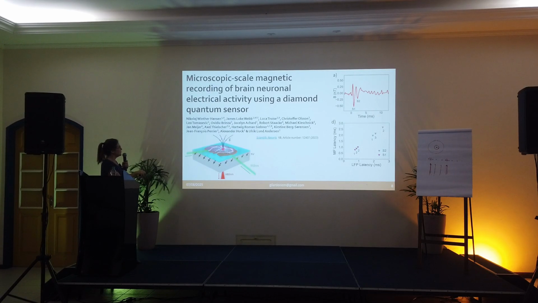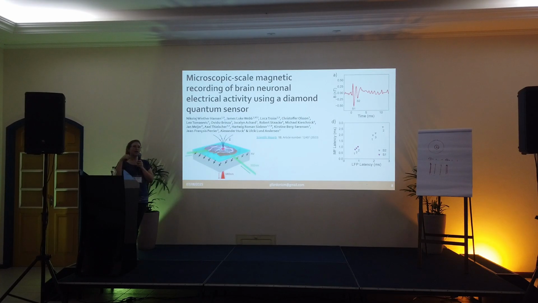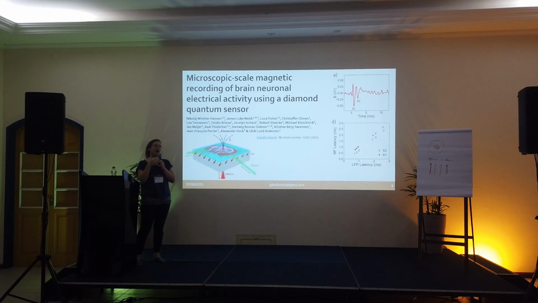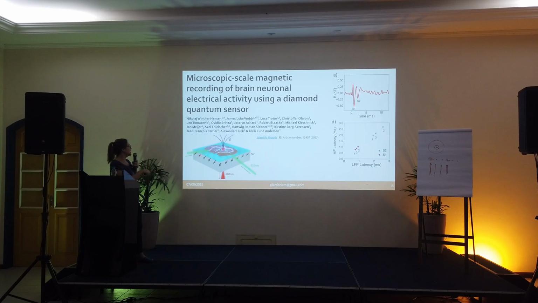And they grow neuronal cells on top of this diamond, right? And they can give electrical stimuli to these neuronal cells, and they use the magnetic fields that are generated through the flow of ionic information through these neurons to actually infer the response of these neuronal cells, right? To detect the response of these neuronal cells.